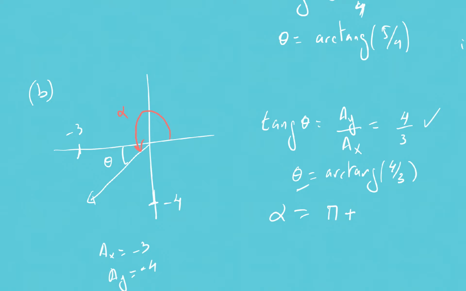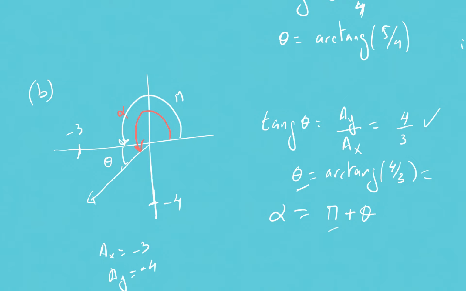The angle theta that you are finding is this angle theta. The angle alpha with the x-axis is pi plus theta. So the result that you find in your calculator, you add pi, and this is the angle alpha.